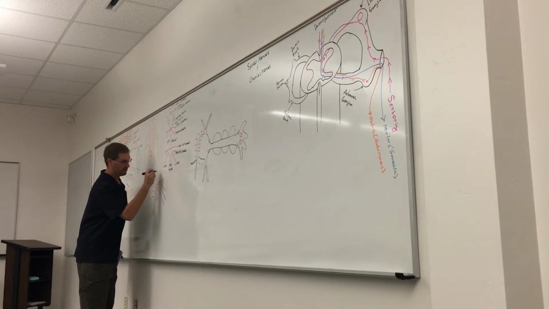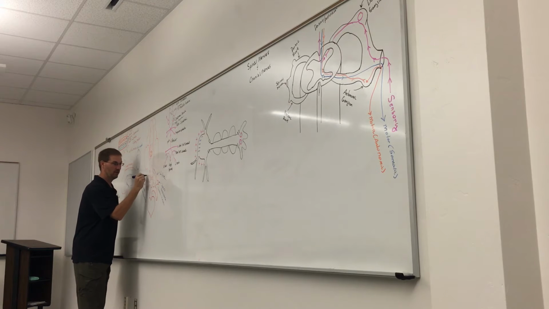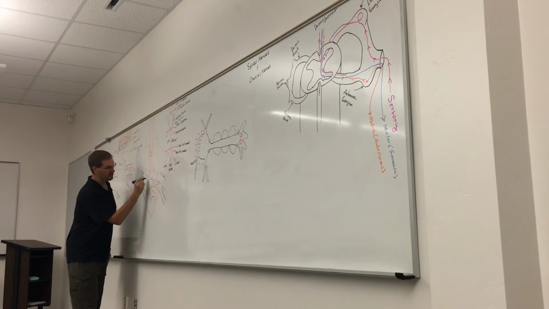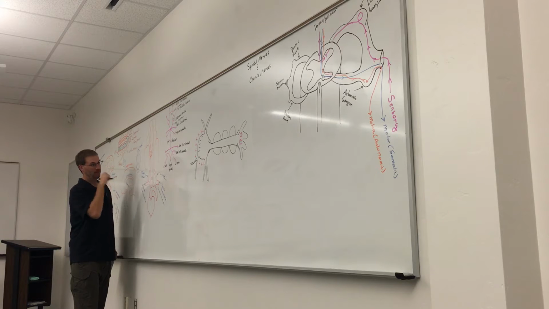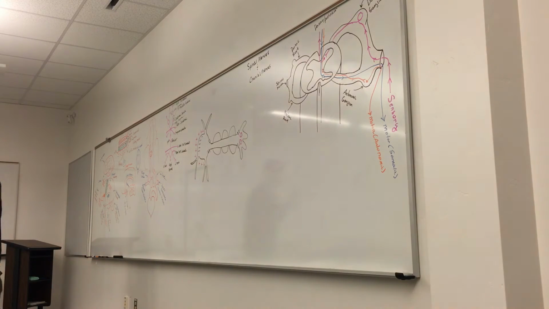So this is the left vertebral, and I'll talk about why we call it the left vertebral and why we call it the right vertebral. The vertebral arteries, these guys here, see how I drew them behind these arteries here? These guys here, the vertebral arteries, come off of the subclavian, and they are the posterior circulation. Are you guys okay with that?